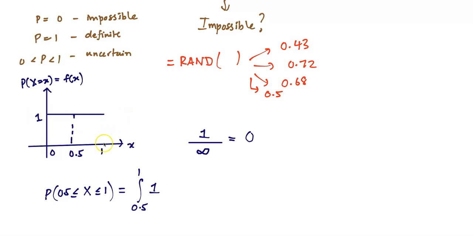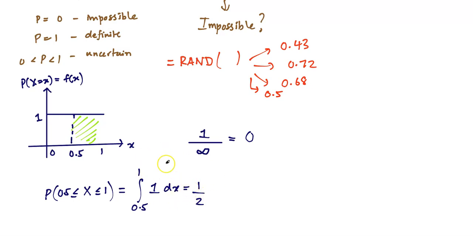It's just a 1 everywhere, so dx. And if you were to perform this integral, you would get half. Let me use a different color for that. It's basically this area that gives us the probability that x takes the values 0.5 to 1, and that equals half just by symmetry, or from performing this integral.